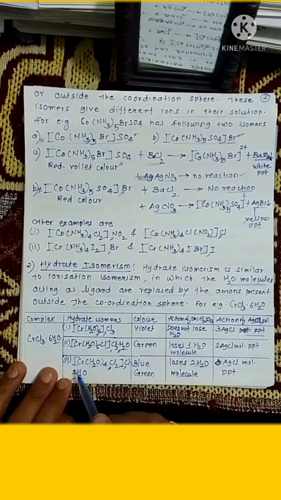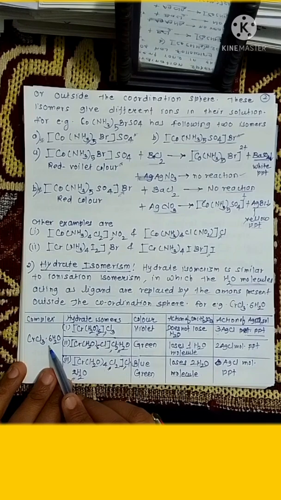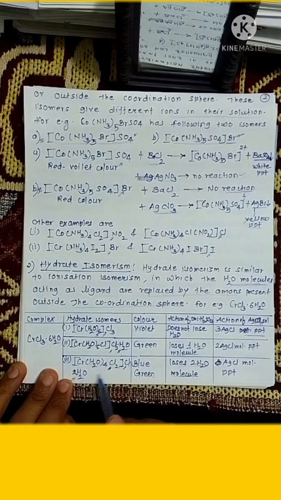The third isomer of this complex is written here. Just see in this complex, 2 water molecules go outside the coordination sphere while 2 chlorine atoms come inside the coordination sphere. The color of this complex is blue green.